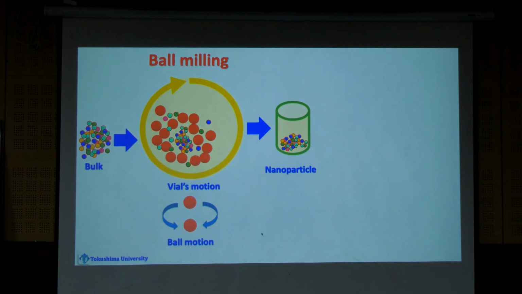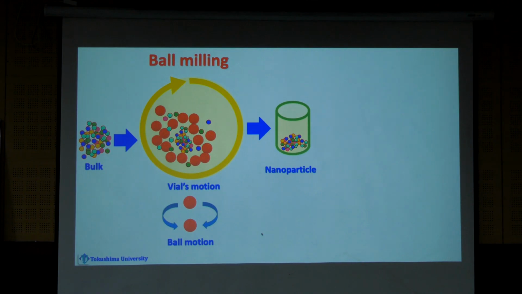In that spherical chamber, you are putting the bulk structure, and these red colors are the balls. So this is the bulk material, and these are the balls, and now you rotate that. What happens? Collision occurs. This bigger ball hits, and the bulk particle is crushed in between, and this process happens very fast.